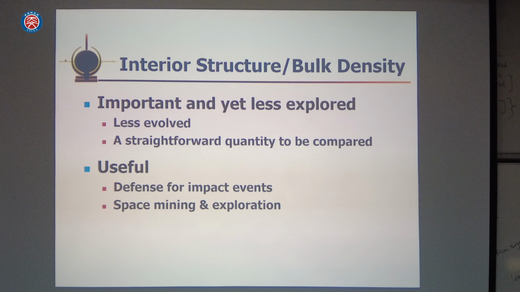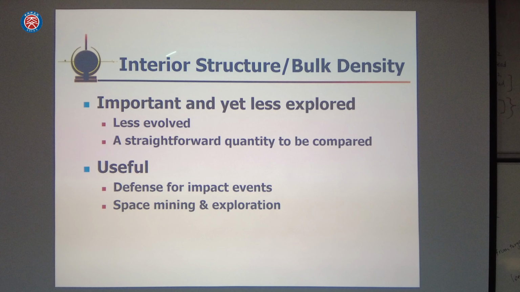However, there is another important property we would like to know, which is the interior structure, or we can say the bulk density. It's very important, but very difficult to obtain. So far, we don't have a direct measurement of the interior structure for any asteroid or any moving object.